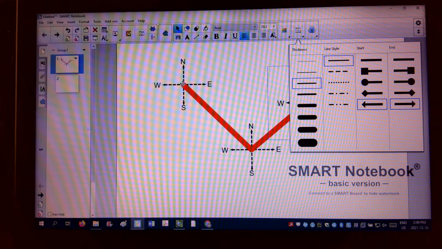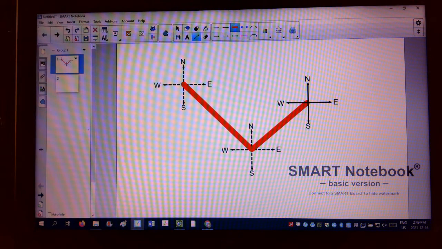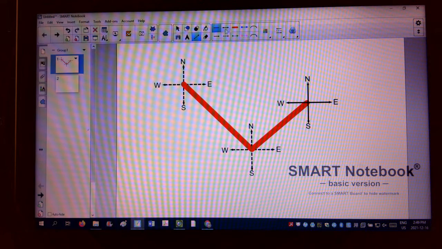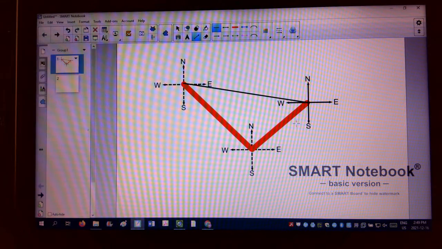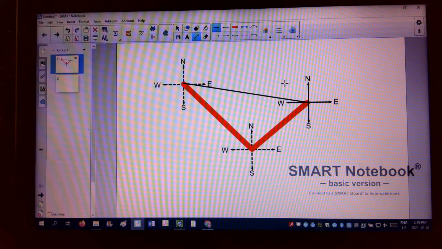So I could ask you, hey, what's the distance from there to where you started, right? So you should see a triangle here. And every time you're given a compass direction, you're going to have to put an angle in here somewhere, okay?